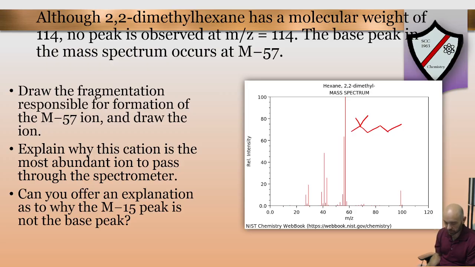It says the base peak occurs at M minus 57. As we saw in the previous slide, I'm going to first assume the molecular ion is formed. It says the molecular weight is 114, so M minus 57 turns out to be 57.